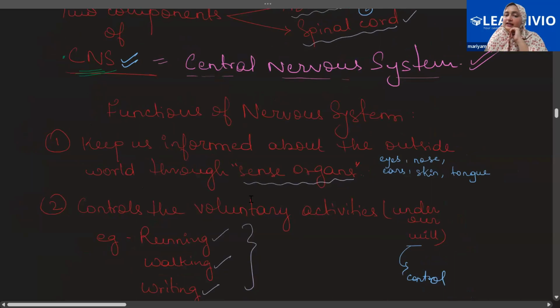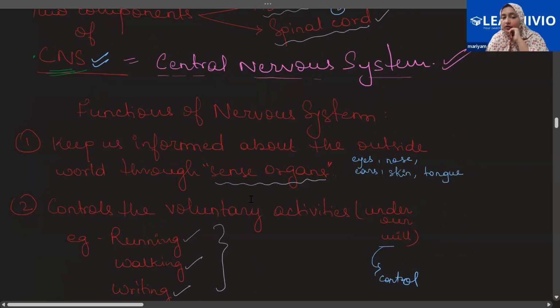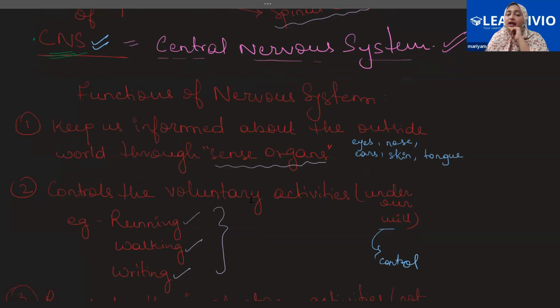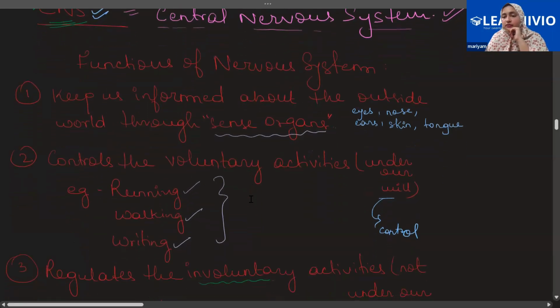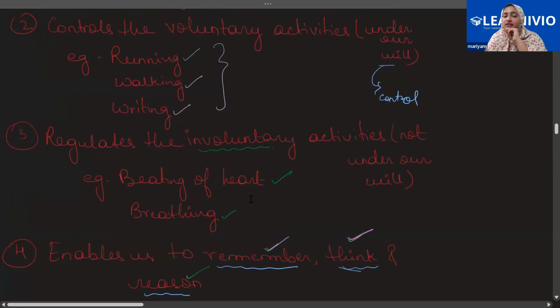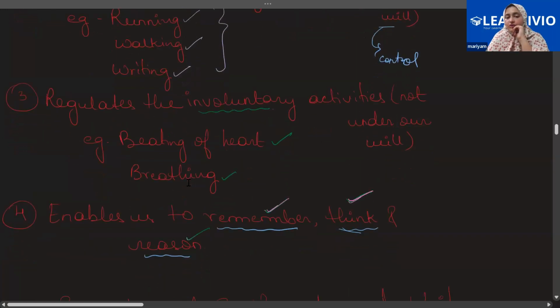First of all, anything that happens around us, we are informed about it with the help of our sense organs, and that helps us do the whole coordination aspect of our body. Then, our nervous system controls the voluntary activities of our body, the activities that are under our control or under our will. And then, the nervous system also regulates the involuntary activities of our body, meaning they are not under our control.